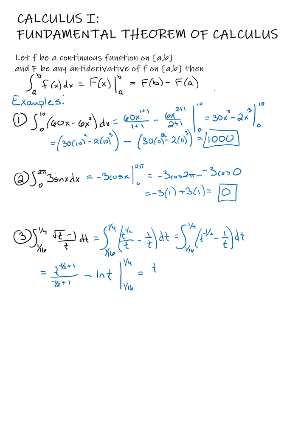This is negative 1/2 plus 1, so it's t to the 1/2 power divided by 1/2, that's going to be 2t to the 1/2 power minus the natural log of t, evaluated again from 1/16 up to 1/4.